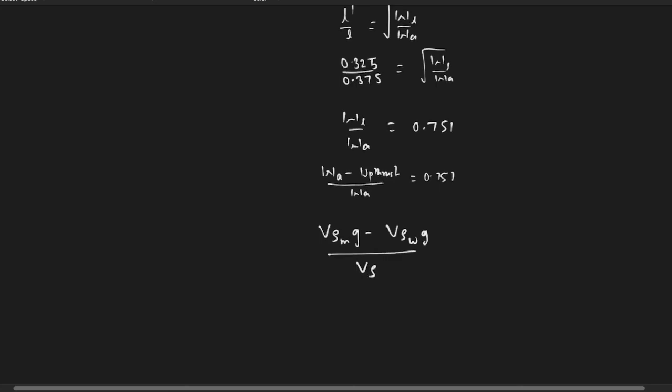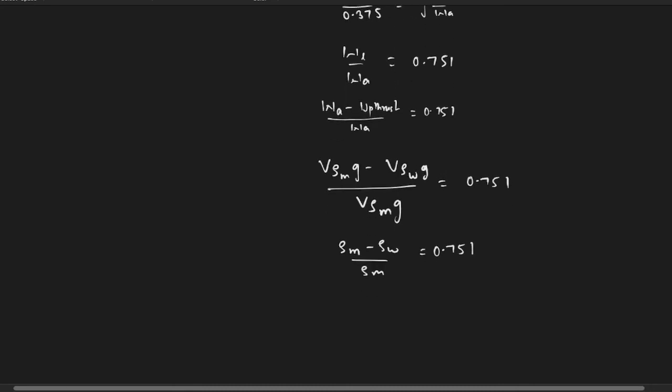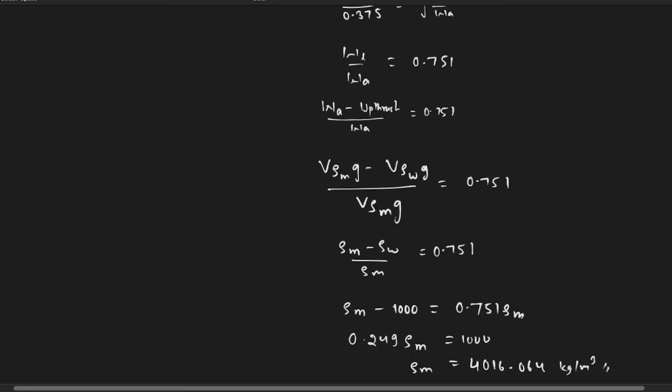And volume into density of the material into g is equal to 0.751, so this becomes density of the material minus density of water by density of the material equals 0.751. Then we calculate the density of the material, with density of water as 1000, and the density of the material comes to about 4.02 into 10 power 3.